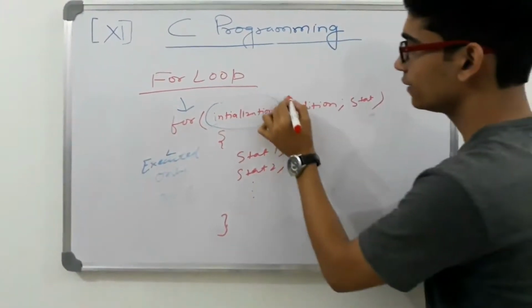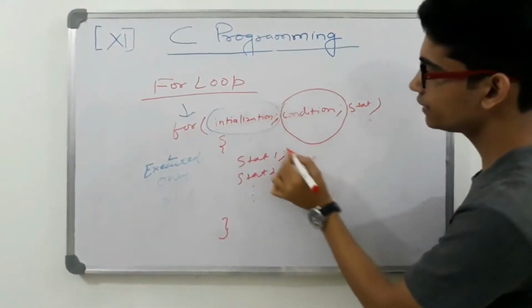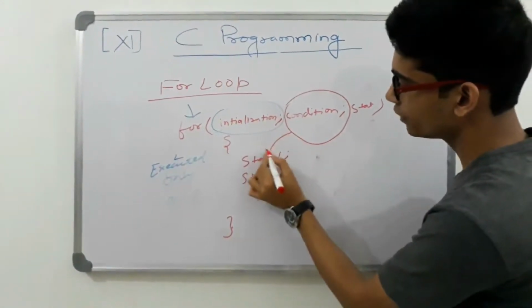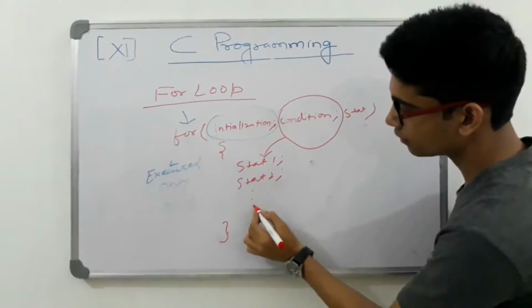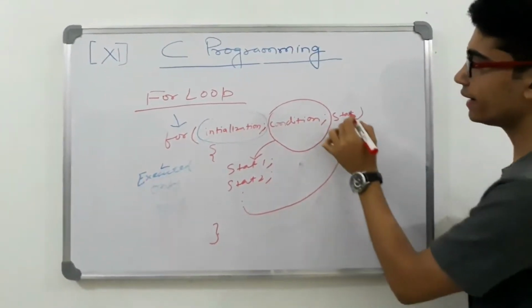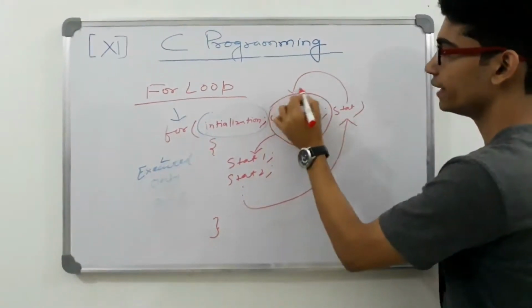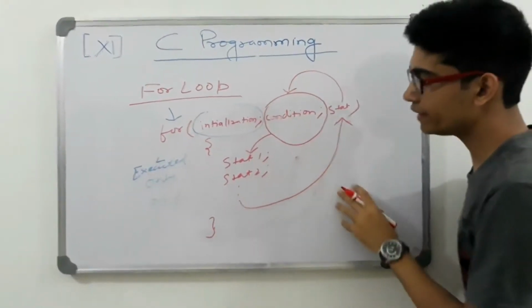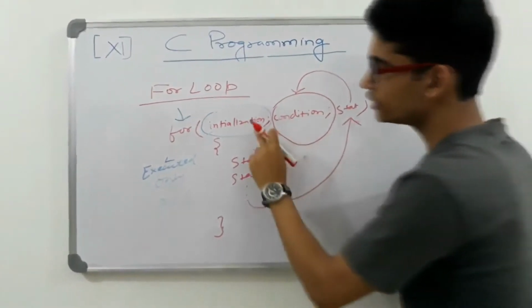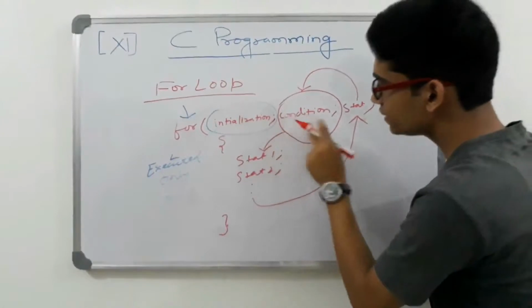After that this condition is checked. If this condition is true, we go here, and after all the instructions are executed, we go to the update statement. Again, after execution of this statement, control goes to the condition. So what we need to keep in mind is that the initialization portion is executed only once, and then the condition is checked.